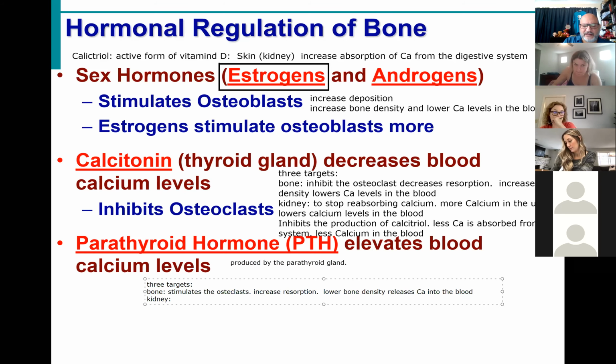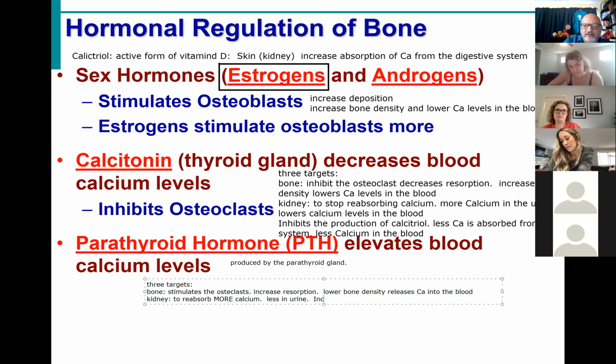And it tells the kidney to reabsorb more calcium. Right? Tells the calcium, hey, all that calcium you were going to let go out in your urine, bring it back. We need it back. So obviously there's going to be less in the urine, which we don't really care about so much. The real key to this is that it brings back more calcium, so it increases.